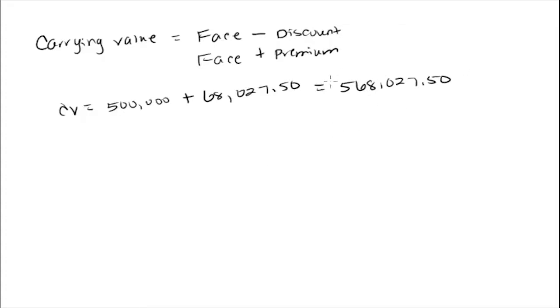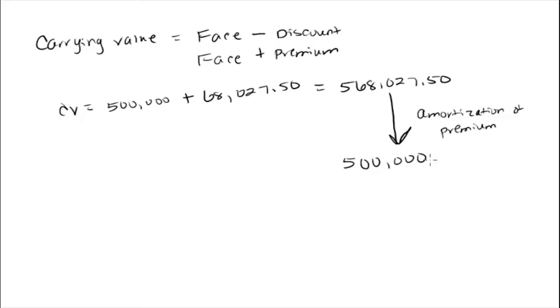Now, the whole point is we have this at a premium. Over the next 10 years, we are going to amortize this, and at the end of the 10 years, this should equal $500,000. Through amortizing it, we should get back to the face value, because at the end of 10 years, this is all I owe the bondholders.